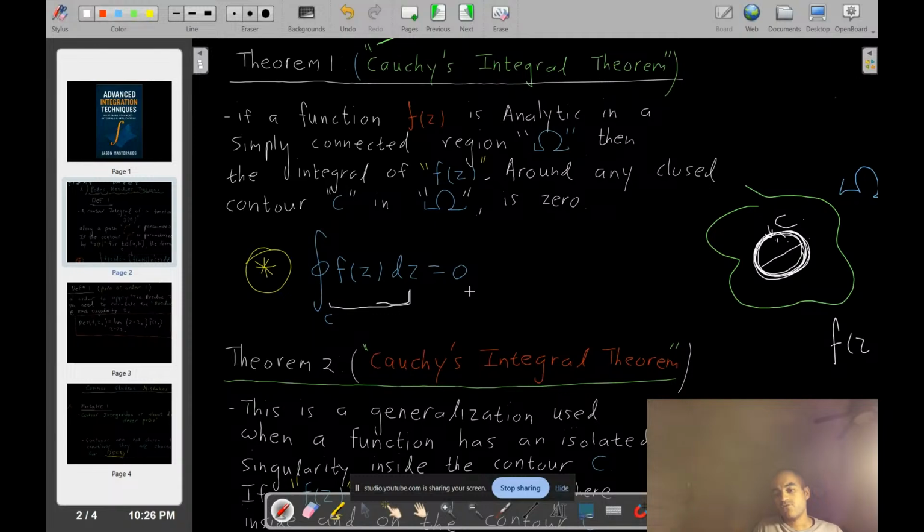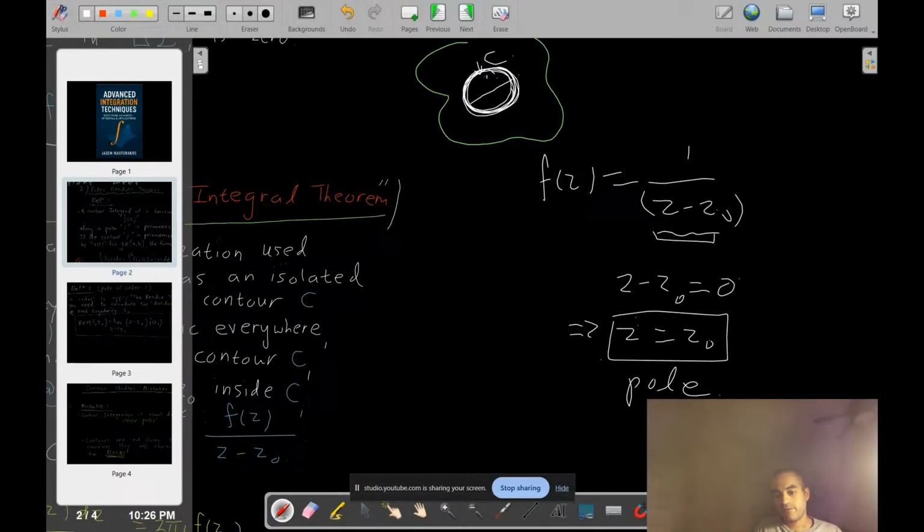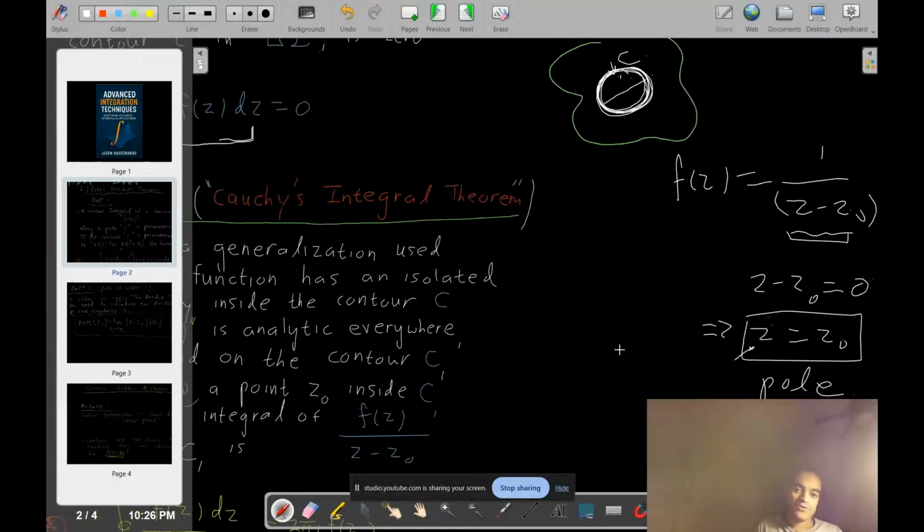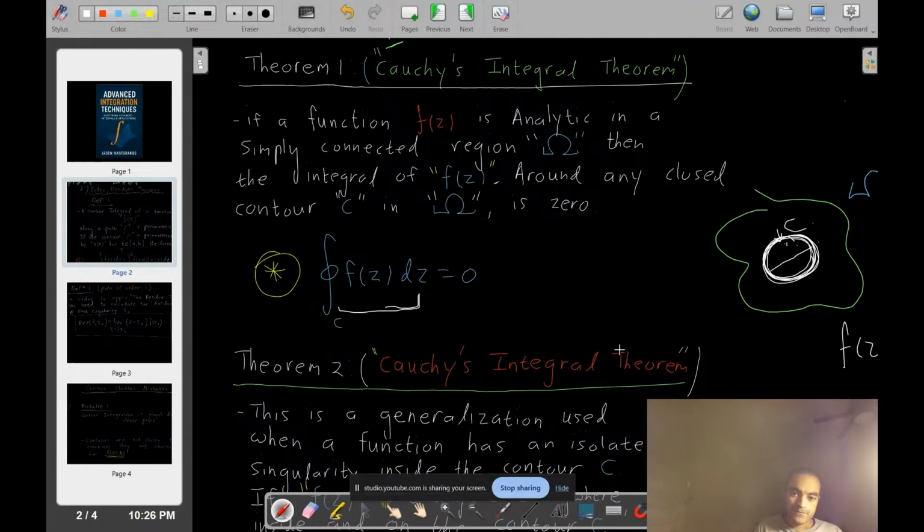The residue theorem states that you have to take all the poles, as I mentioned, by looking at the denominator. If your poles lie inside your chosen contour, you sum them up.